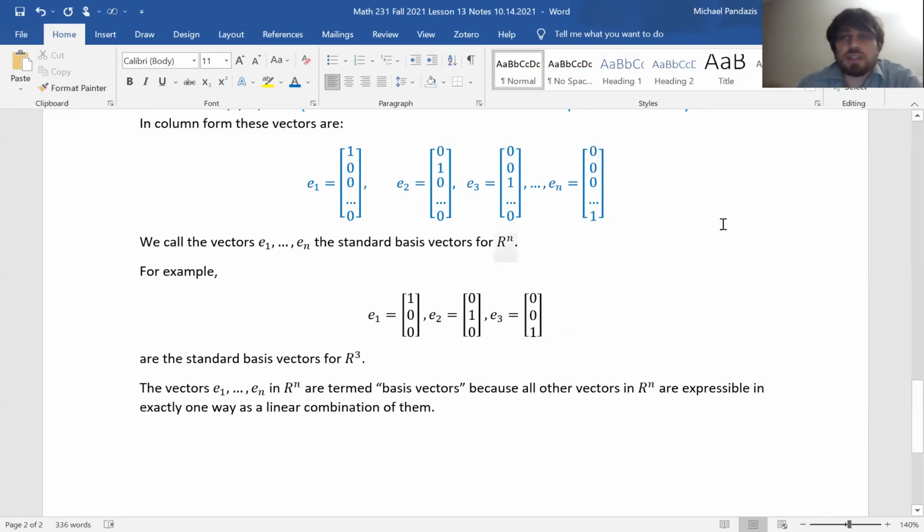So the vectors e1 to en have this special property and are called basis vectors. The special property is that all vectors in Rn are expressible in exactly one way as a linear combination of them.